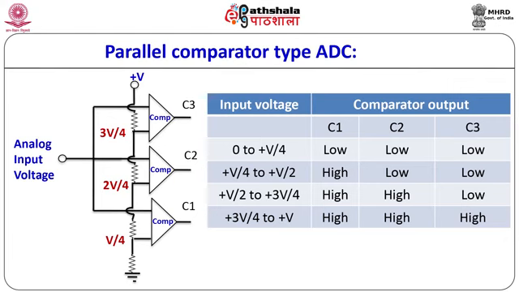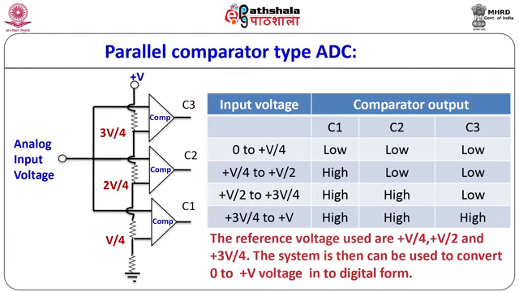Thus, for the figure shown, the reference voltages are plus V by 4, plus V by 2 and plus 3V by 4, and this system can be used to convert an analog voltage in the range of 0 to plus V into digital form.